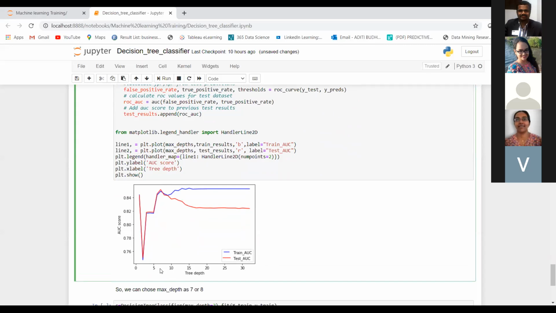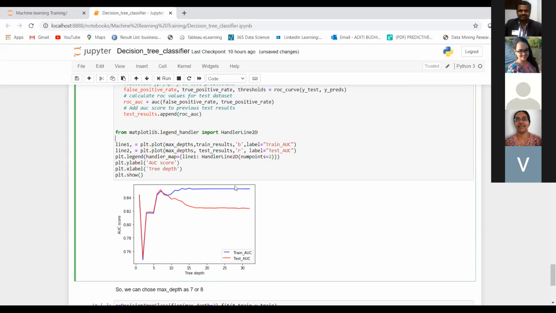Now here you see that up to one point we had the AUC score for the training and testing data set the same. But when we increase my tree depth, my model is able to give me a higher score, or higher accuracy, on my training data set.